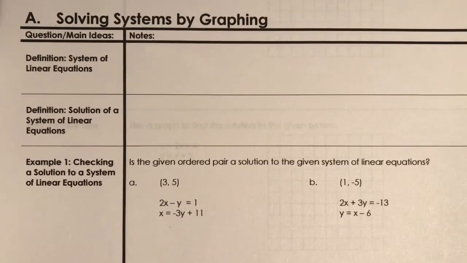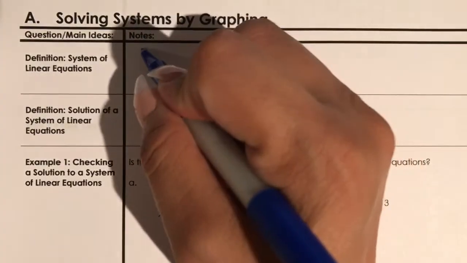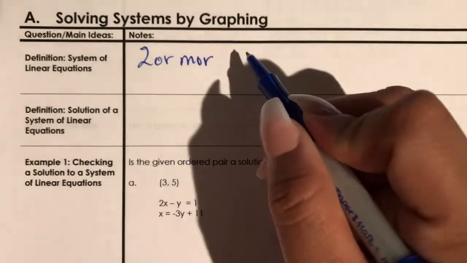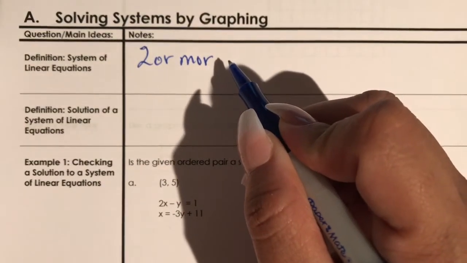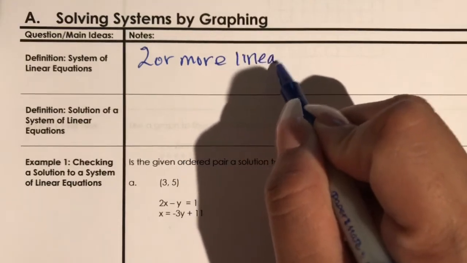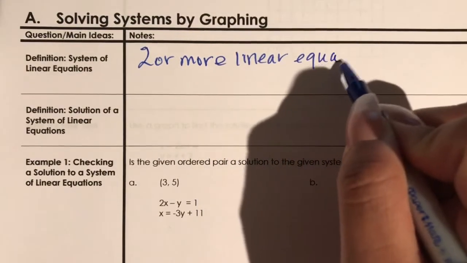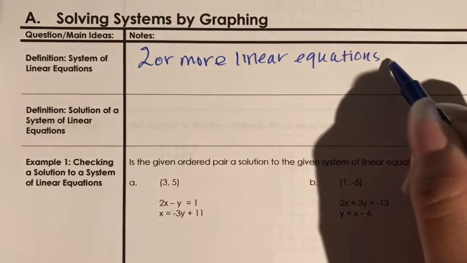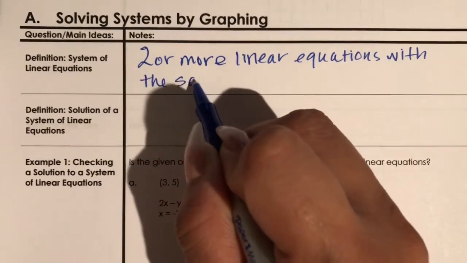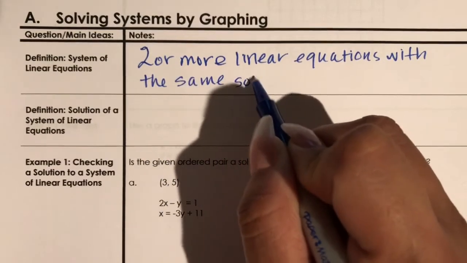Systems of linear equations. That is 2 or more linear equations with the same solution.